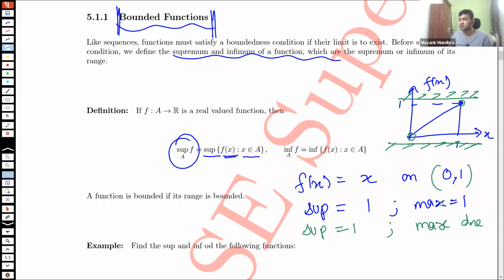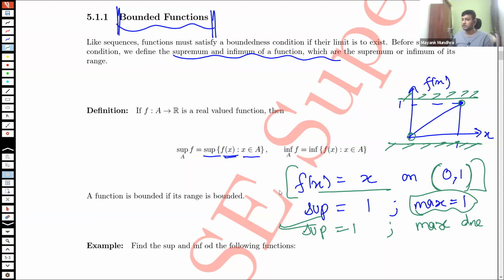But this function does not have a maximum, because you want to believe that the maximum is 1, but 1 is never achieved. The function could take the value 1 only when it reaches 1, but 1 is never reached. So in this example, it does not have a maximum, but it has a supremum. The supremum is still 1.